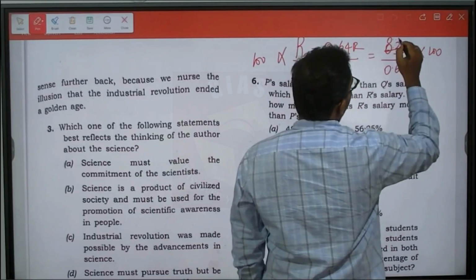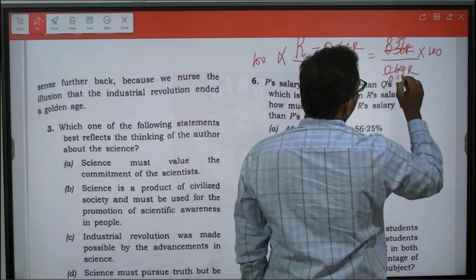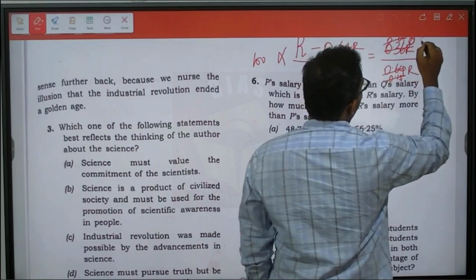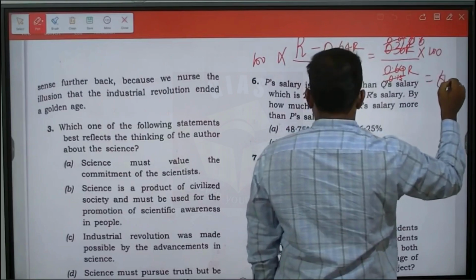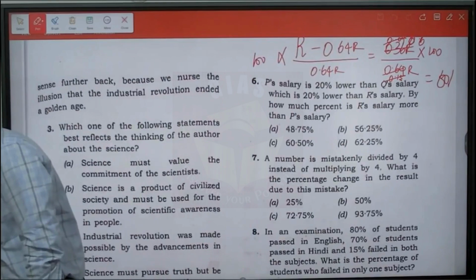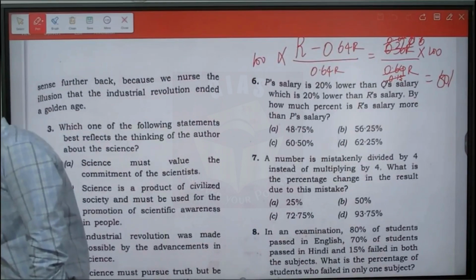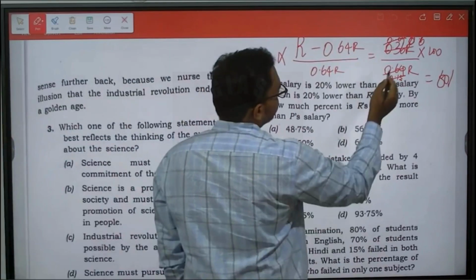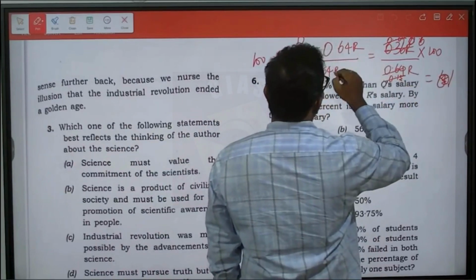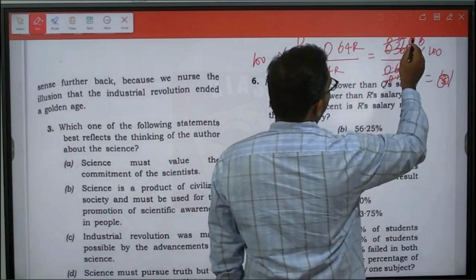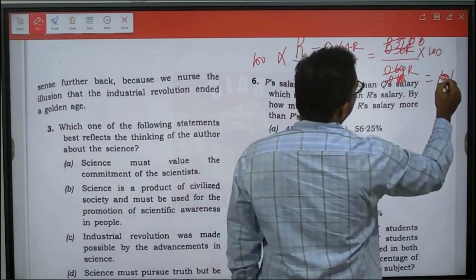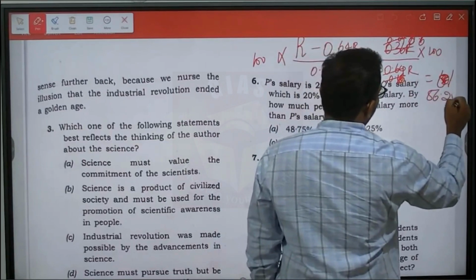So like 0.36 by 0.64. This comes to 56.25%.